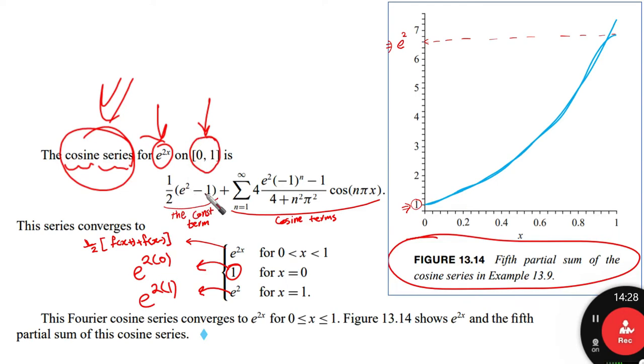Half e squared minus 1, this is the constant term that we already obtained before, plus the sum from n equal to 1 to infinity of an times cosine n pi x. So these are the cosine terms here. This is what we have obtained before. This is an, right? Cosine n pi x.